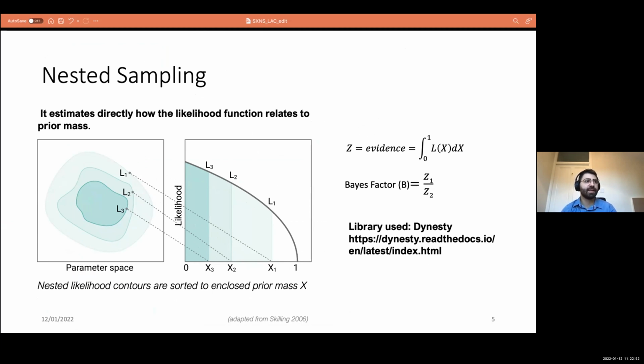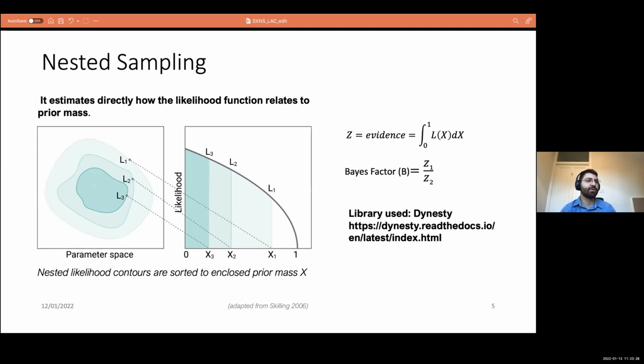So this algorithm takes the likelihood and the prior as input, and here X is the amount of prior probability with likelihood greater than the associated L. So loosely, X is the volume with likelihood above L, and the higher the likelihood, the lower the volume. By following this logic, with every iteration, we can find the next point X that corresponds to a higher likelihood. Since we have the likelihoods and the corresponding X values, we can approximate the integral numerically, for example, using trapezoidal rule.